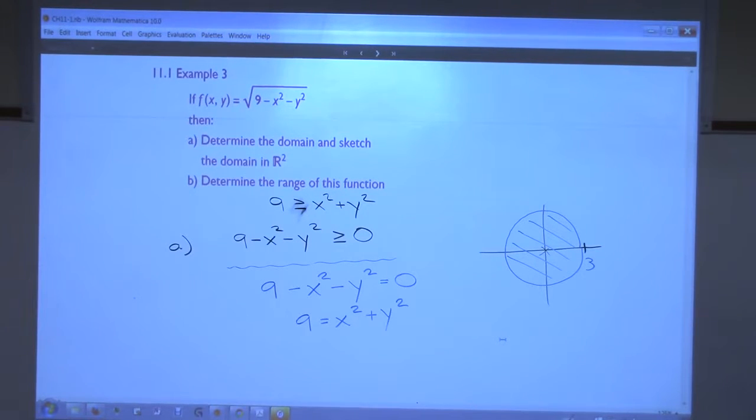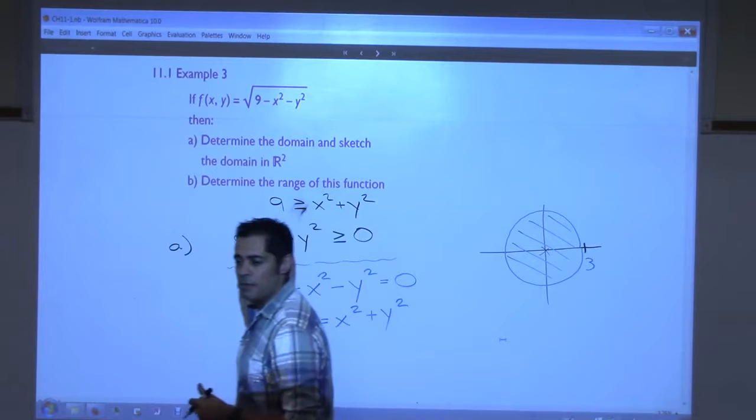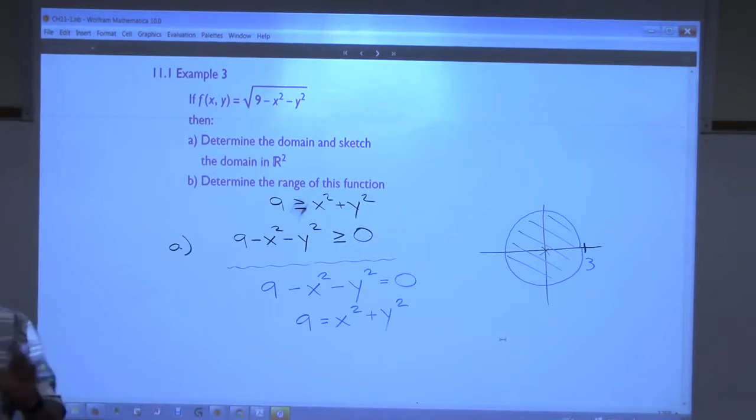This range is a little easier than the last one. Negative 3 to 3? Is it possible to get negative 3 out of that function? When you take the square root of a number, can it ever be negative? No, not unless we're doing imaginary numbers, which we're not.